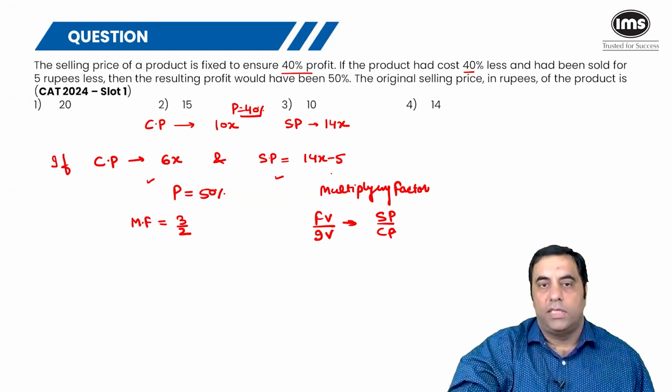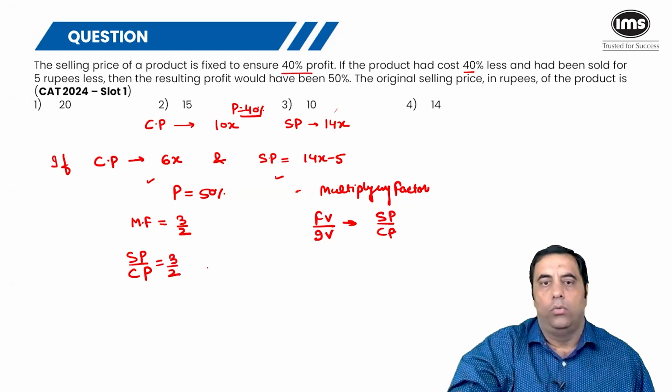So since my multiplying factor is 3 by 2, I will say SP upon CP is equal to 3 upon 2. In this case, SP is 14x minus 5 upon 6x, and this value is equal to 3 upon 2.